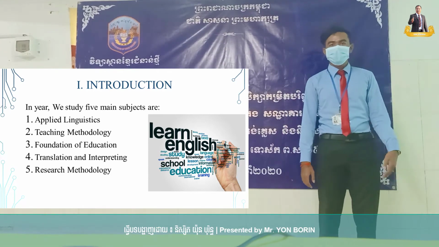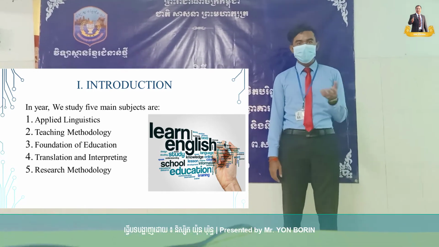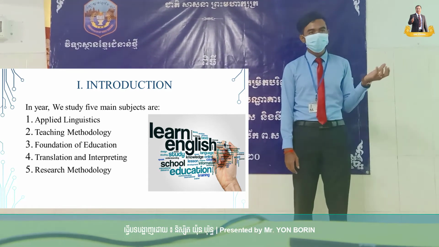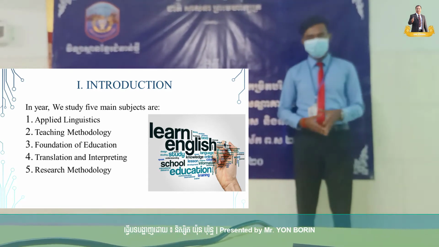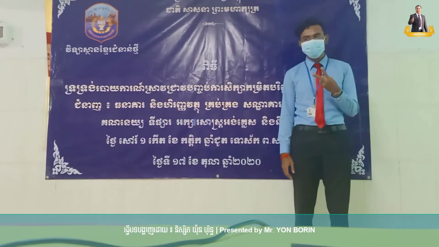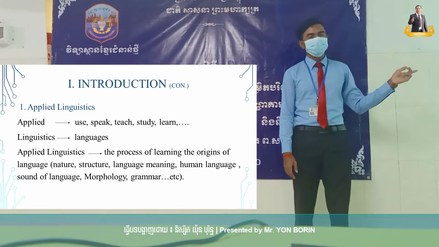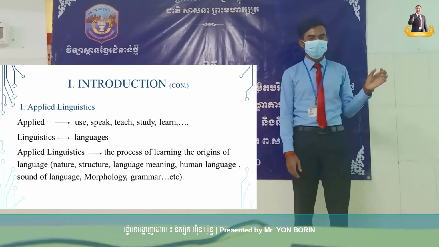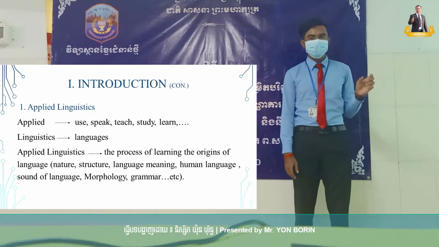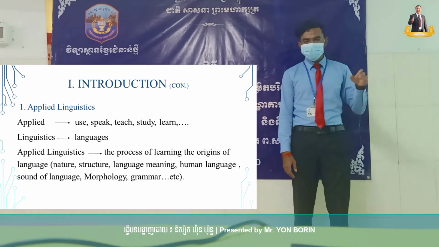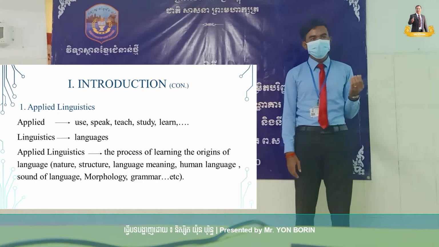Here, applied linguistics. Before I explain the full word of applied linguistics, I want to separate it into two parts. The first is applied, and the second is linguistics. Applied means to be used to teach, to speak, learn, or practice.